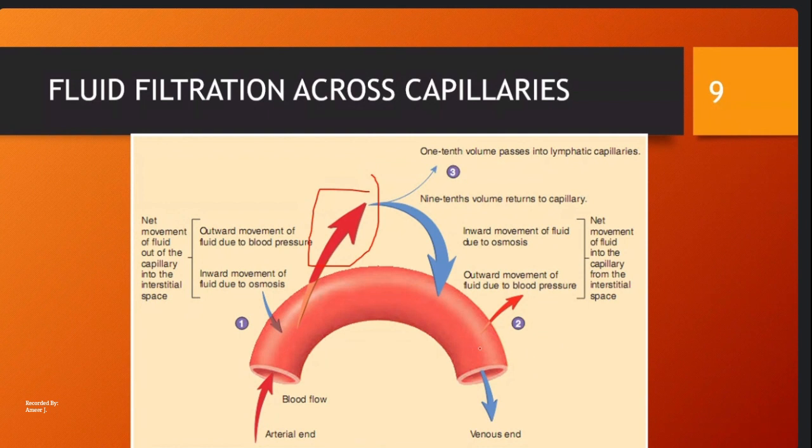And on the other hand, the pressure not only filters water outside the capillaries bed, but it also increases the interstitial pressure and also increases the capillaries osmotic pressure. Therefore, at the venous end, there will be a net absorption of water, and this generates a continuous cycle of filtration and absorption in the vascular system.